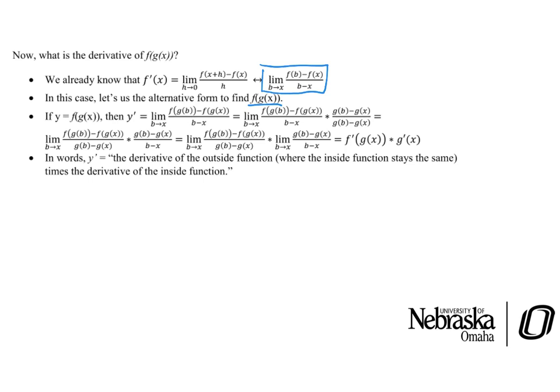So if y equals f of g of x, then the derivative, notice that we're just plugging g of x into the function. So instead of f of b, we would say f of g of b minus f of g of x. So instead of f of x, we're plugging in the g of x, over b minus x.